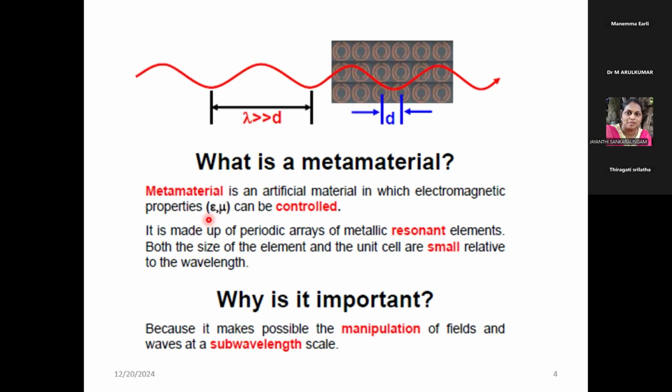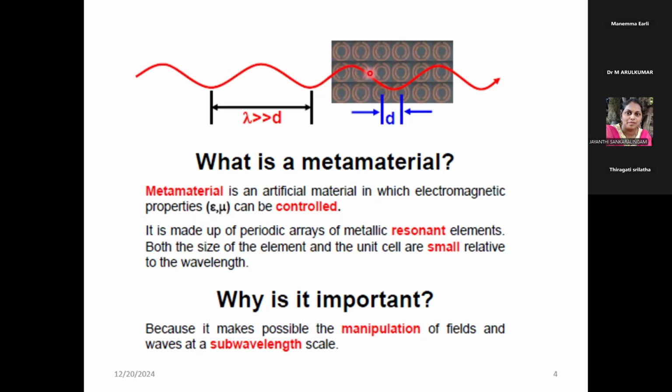That means you can control them and get different values. Usually mu and epsilon will be positive values. You can control them by the design of these unit cell structures. So this is the metamaterial. This is the first requirement. And these unit cells, you are also going to arrange as periodic arrays.